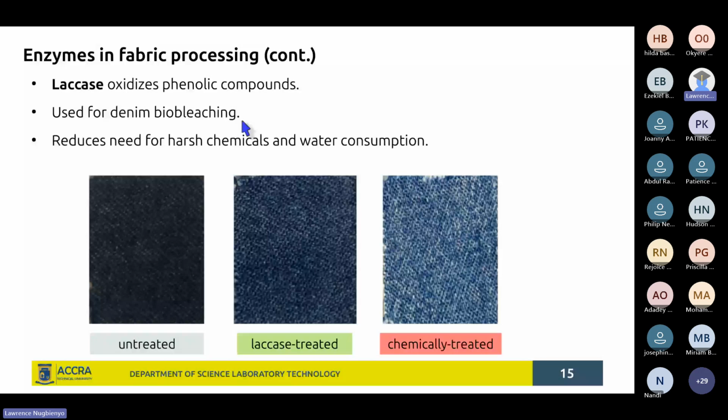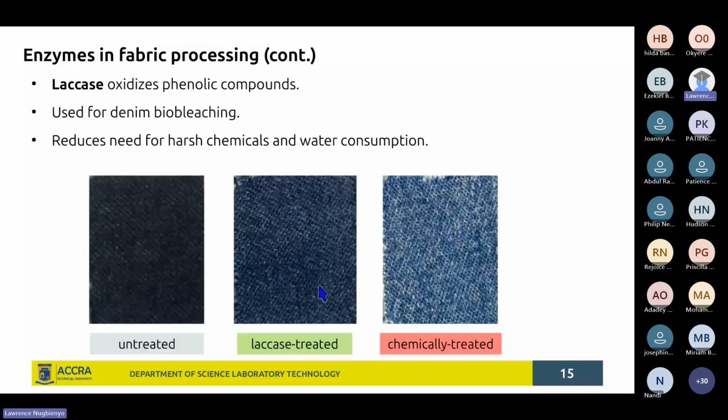And so you can do a comparison. The pictures I have brought below here show untreated denim, and you see it's not so fine. In the middle, you have laccase treated denim, and you see the fabric is much finer than the untreated. And compare the laccase treated denim with the chemically treated denim.